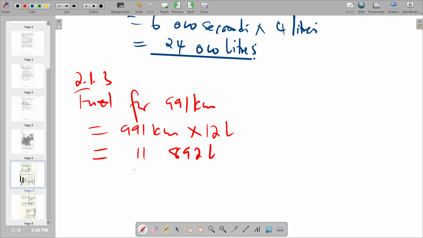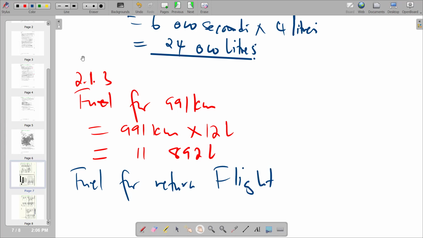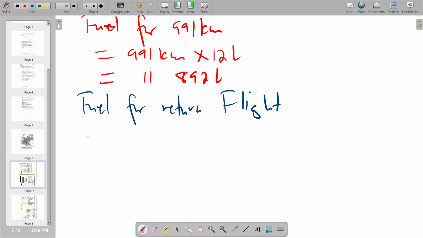So for the return, we are now saying fuel for return flight. So fuel for the flight, we are now saying 11,892 liters times 2. And we're going to get 23,784.